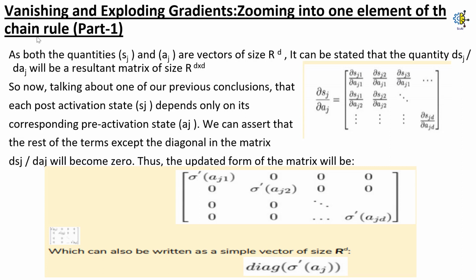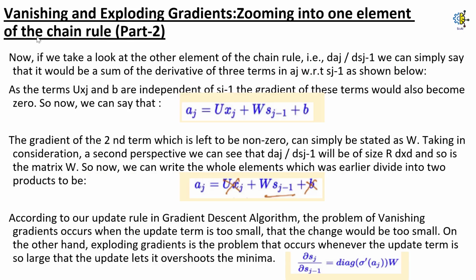Thus the updated form of the matrix is as you can see on the screen, which can also be written as a simple vector of size R to the power d, which is diagonal of sigma dash of Aj.